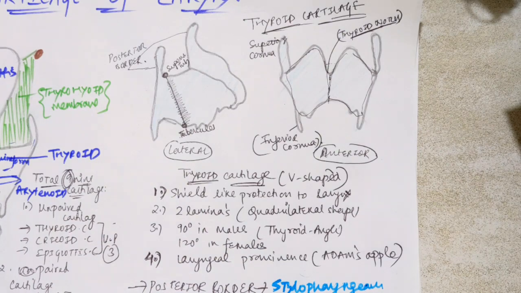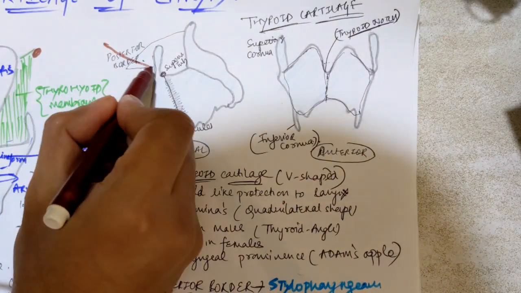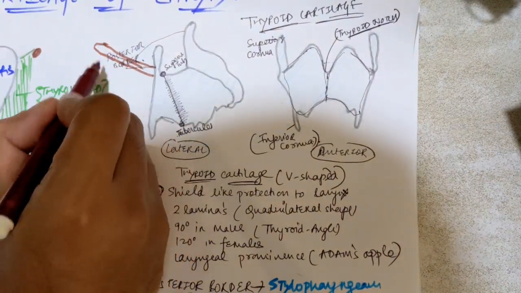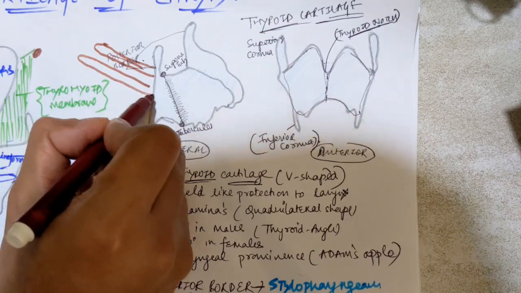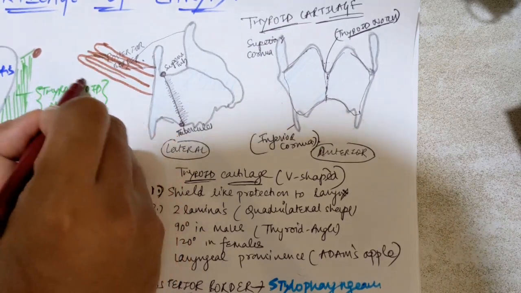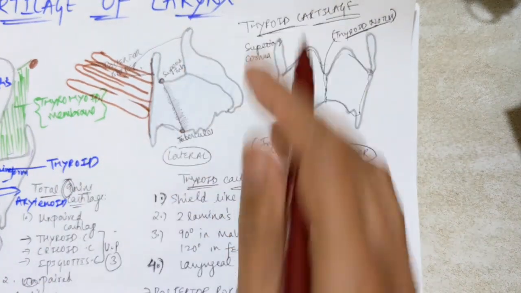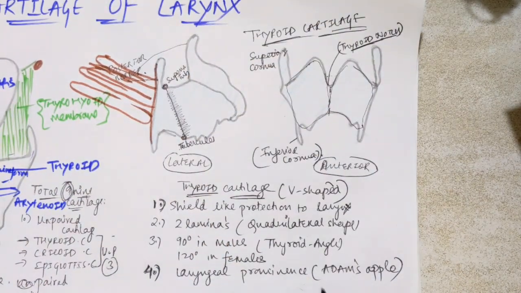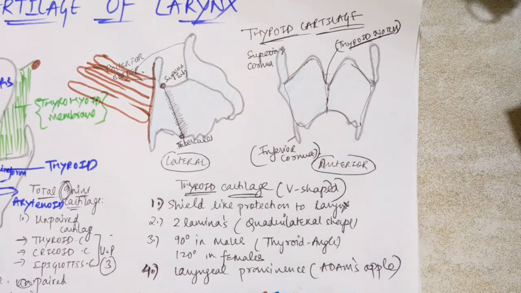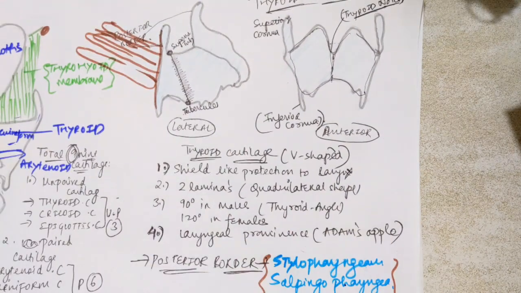These muscles attach like this in the posterior border. So these three muscles attach on the posterior border of the thyroid cartilage. So this much is clear.